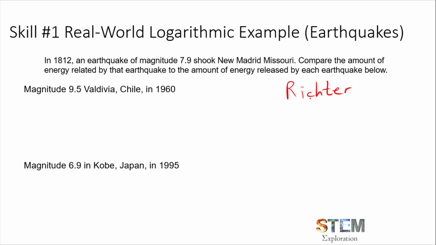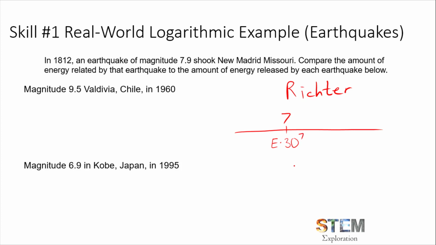So, for example, let's say we are talking about a level 7 earthquake, something that would be a 7 on the Richter scale. What this is equivalent to is the seismic energy of the earthquake times 30 to the 7th power.